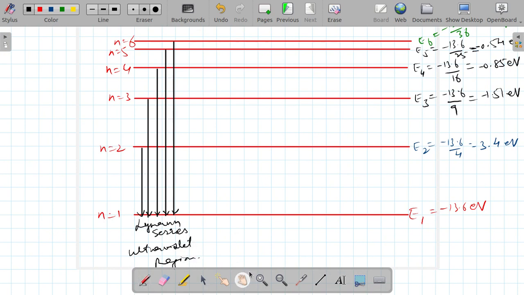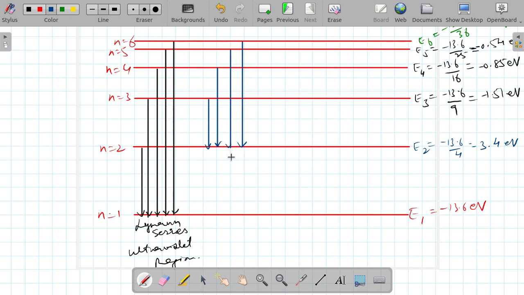And other transitions are possible. That means from n is equal to 3 to 2, there is a transition, 4 to 2, and 5 to 2 and 6 to 2.